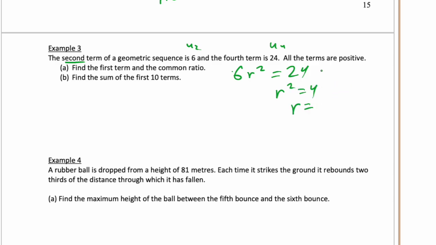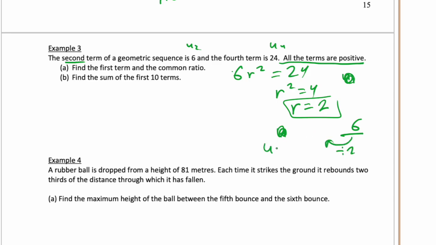So R equals... it says all terms are positive, that's a good thing to note, so we just do the positive square root, and we get R equals 2. To get the first term, well, we've got 6 here, and R is 2, so we can just divide by 2. So U1 is simply 3.